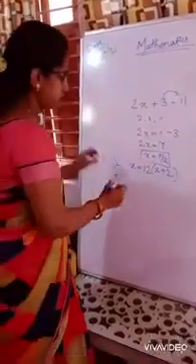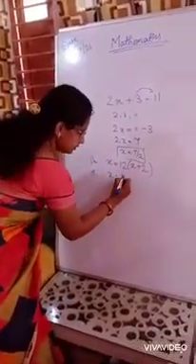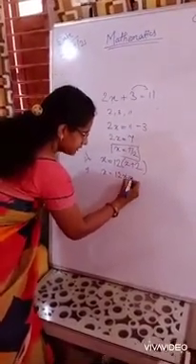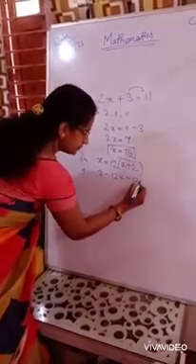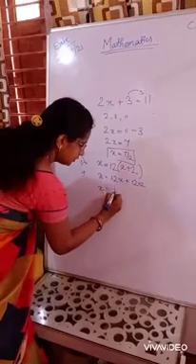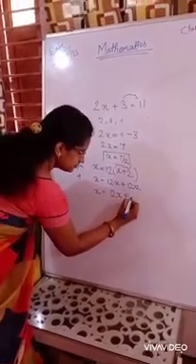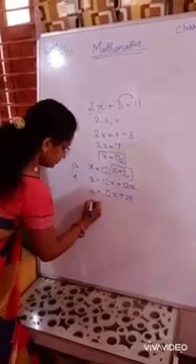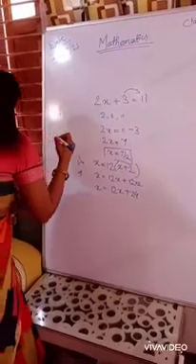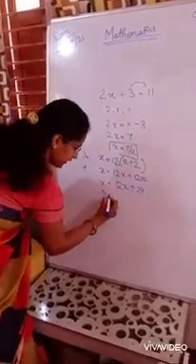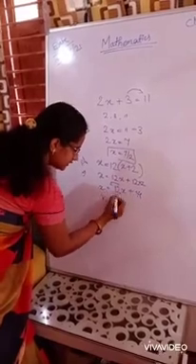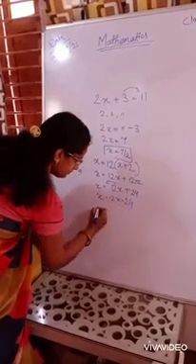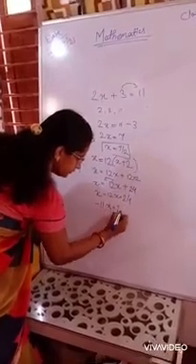We multiply both brackets: 12x plus 12 into 2. x equals 12x plus 24. x is transferred to the same variable side, minus 12. 11x equals 24.